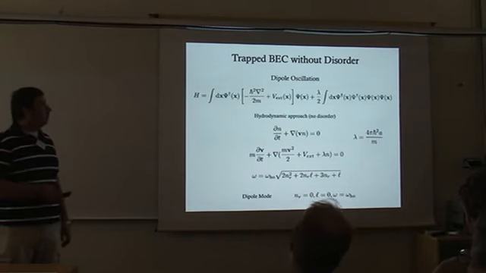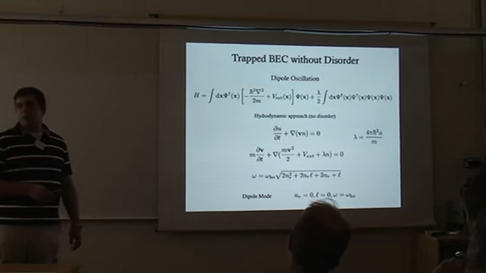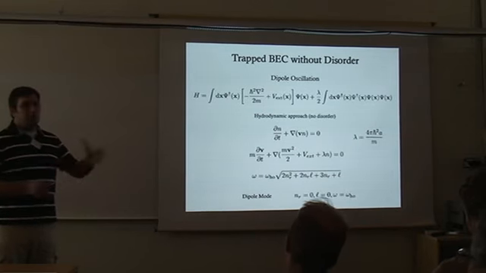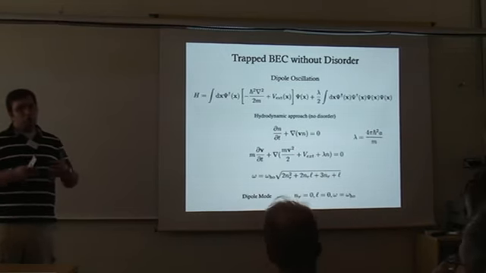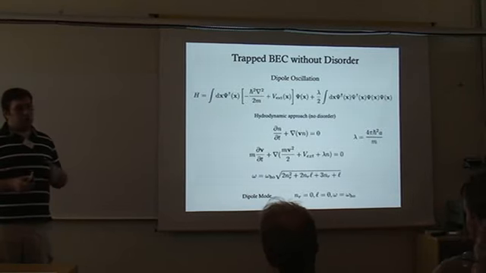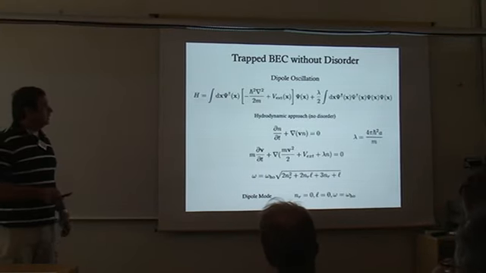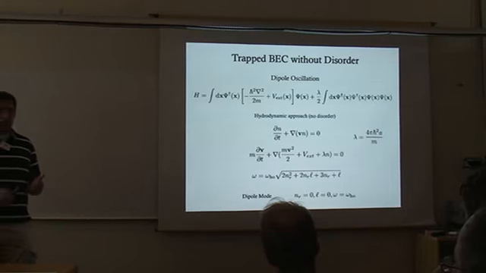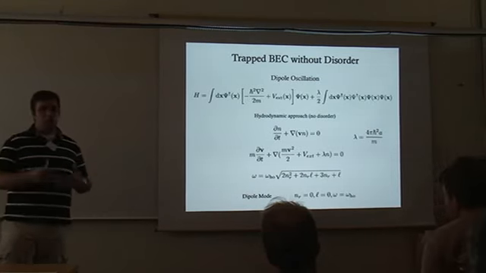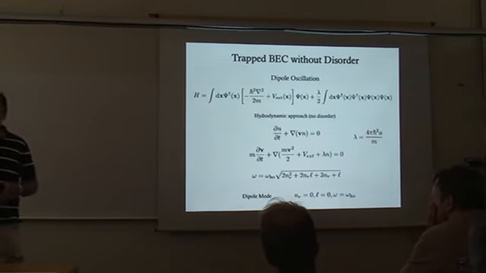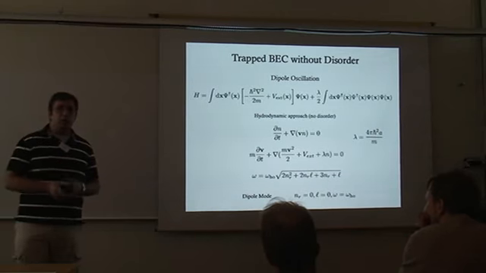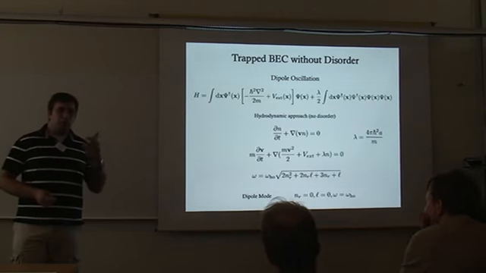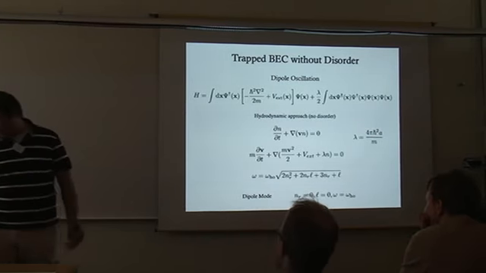I think that probably only happens in the harmonic trap, which perfectly decouples relative motion from the center of mass motion. What we are saying here is that the disorder will be the mediator, which will couple those center of mass motion modes with the Bogoliubov type excitation modes.